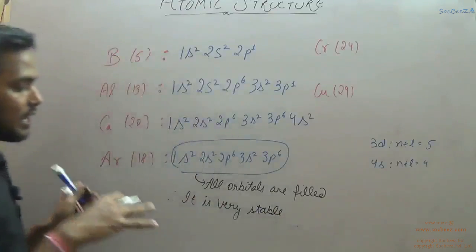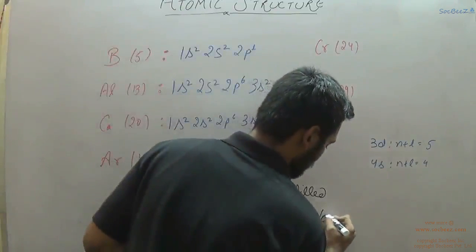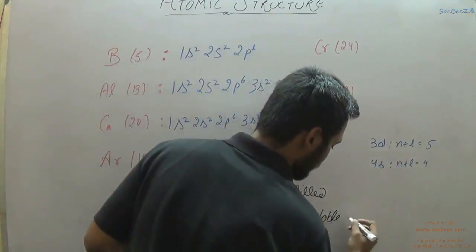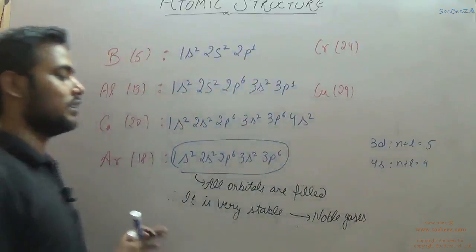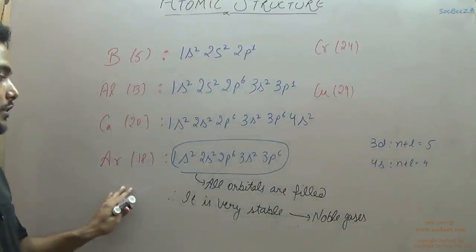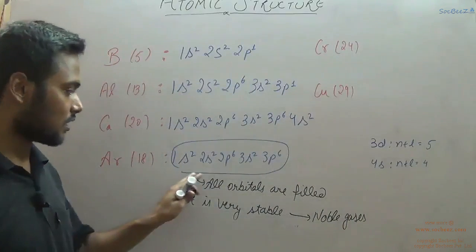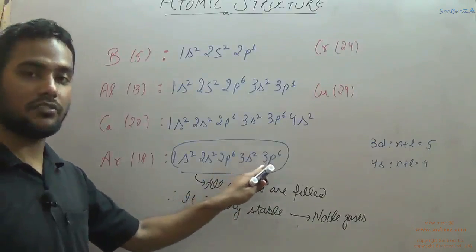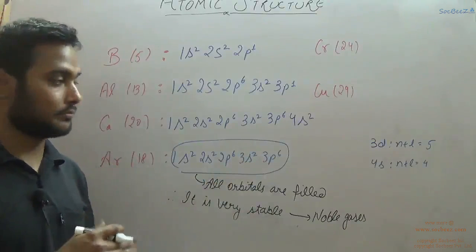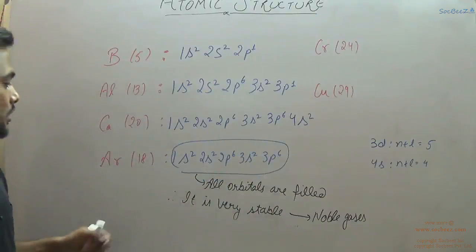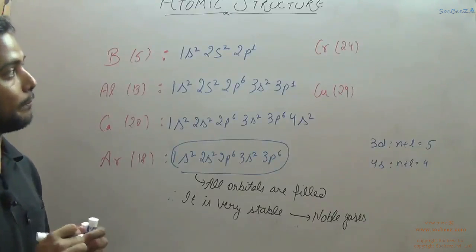These types of stable elements are known as noble gases because they are relatively very unreactive. These elements are called noble gases because all their orbitals are filled and all the electrons are in a relatively very stable state.